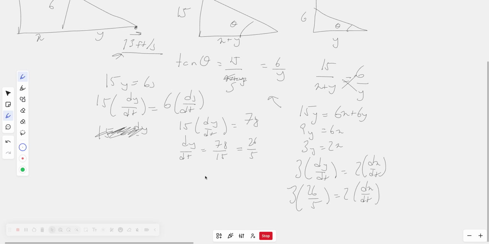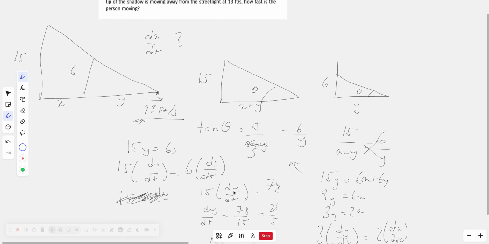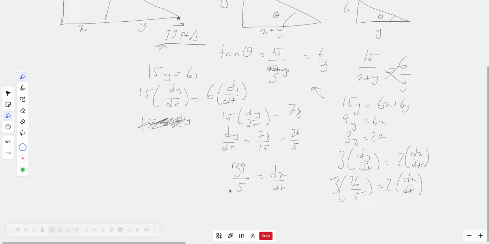And then we can simplify and rearrange, and we get 39 over 5 is equal to dx over dt. And the units for this problem are feet per second. So our final answer is going to be 39 over 5 feet per second.